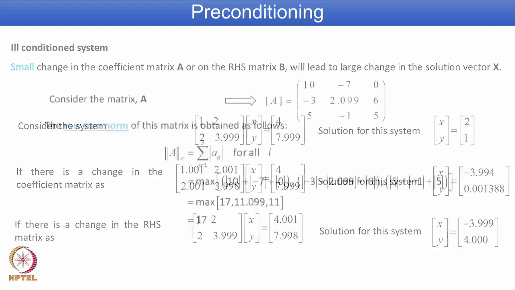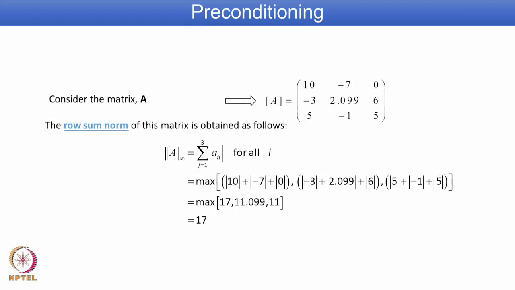Now, let us go to the definition of RowSum norm and try to explain. Consider the matrix A as shown here with elements 10, minus 7, 0, minus 3, 2.099, 6, 5, minus 1, 5. We define RowSum norm as the maximum of the summation of rows, and we take the magnitude of the elements to calculate the RowSum norm.